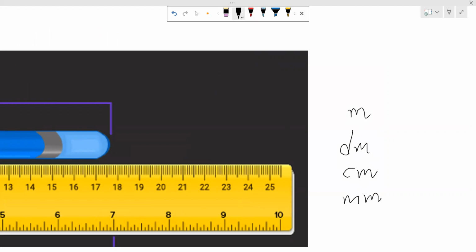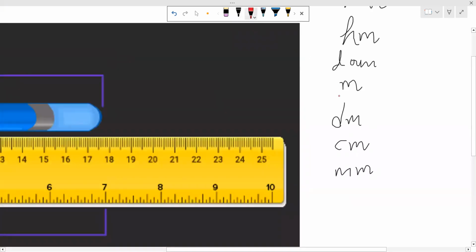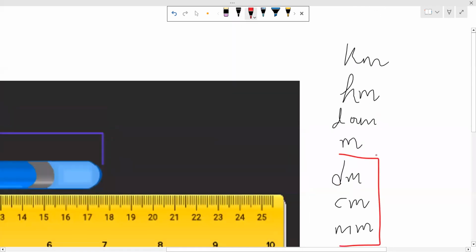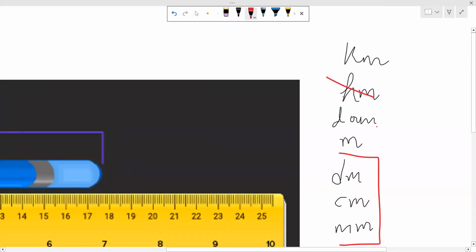The larger units are decameter, hectameter, kilometer. These are the larger units for length, and these are the smaller units.